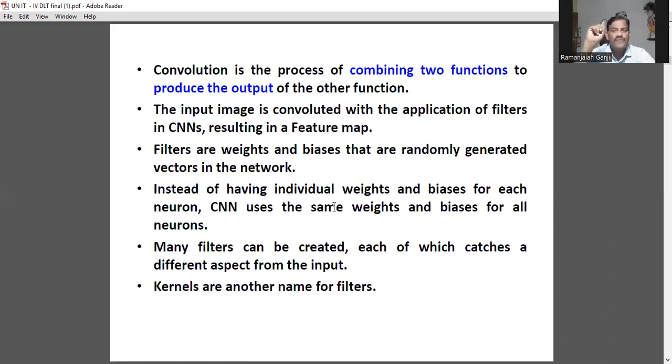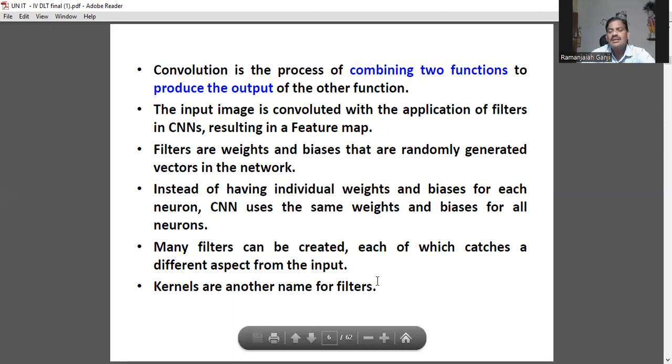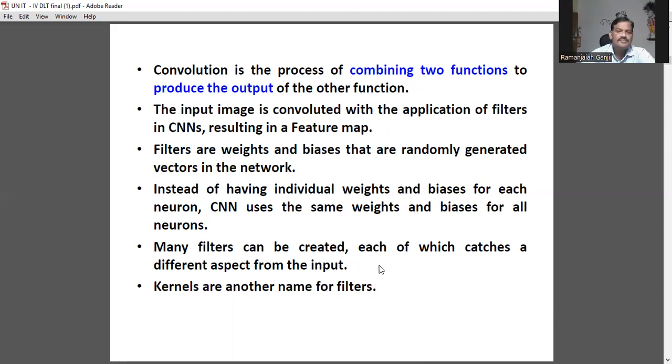I told you about feature extraction, feature classification, and feature prediction in previous sessions. Filters are the weights and biases that are randomly generated vectors in a convolution network. Many filters can be created, and each one catches a different aspect of the input. Kernels are another name for filters.